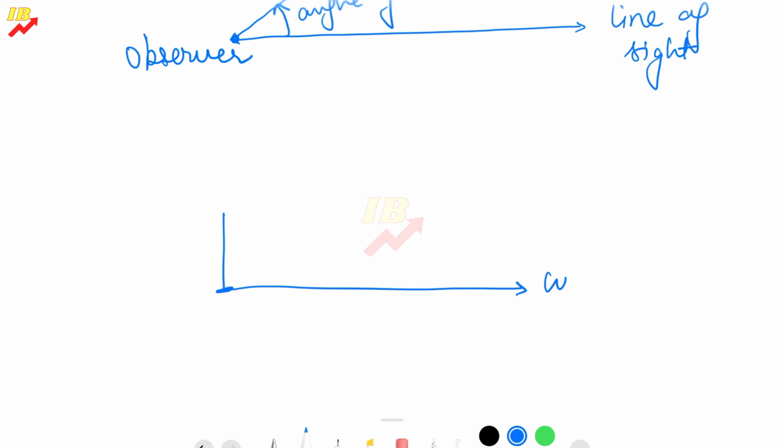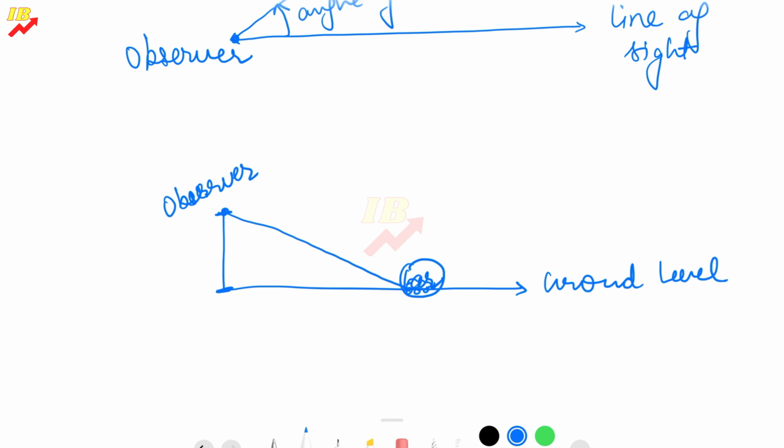And suppose you are on top of a building. This is the ground level. Your observer is lying here and you're seeing some car. I'm sorry, I'm making a very bad figure here, but let's take that this is a car moving here and you're watching it from here.